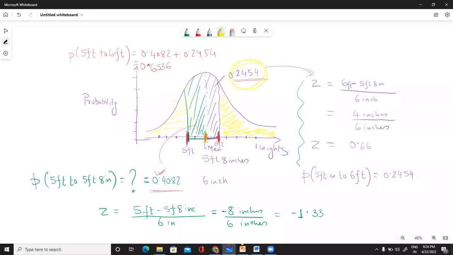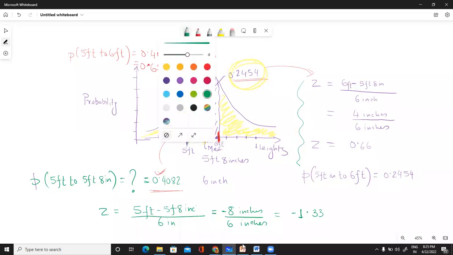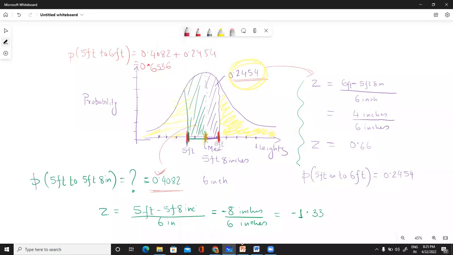So we will add this probability to 0.5, and it becomes 0.4547. That is the probability of greater than 6 feet.